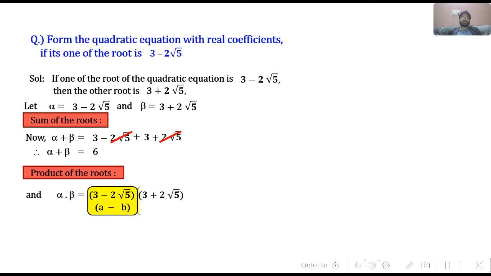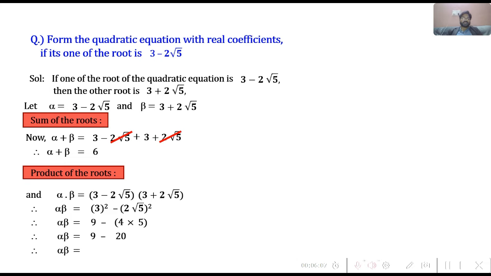That is a minus b, a plus b. Using the identity a square minus b square, we will get 3 square minus 2 root 5 square. That is 9 minus 2 square is 4 into 5. That is 9 minus 20. So alpha beta is equal to minus 11.